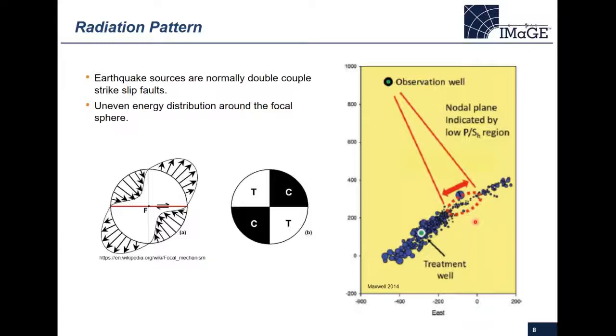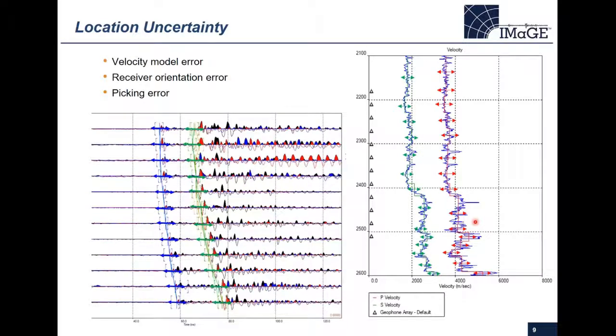Something else that will affect our interpretation is our knowledge of the uncertainty, particularly location uncertainty. So although we've maybe QC'd our velocity model and we think we're at the best we possibly can, there's always going to be some error, some variation in this velocity model that could be accounted for. Similarly with picking, no matter how many observers you have looking at it, refining your picks to the best quality, there's always going to be some error.